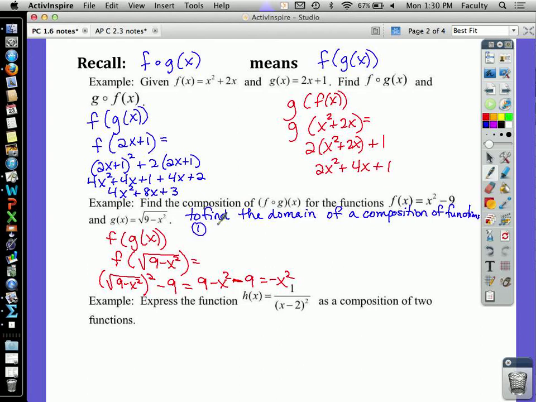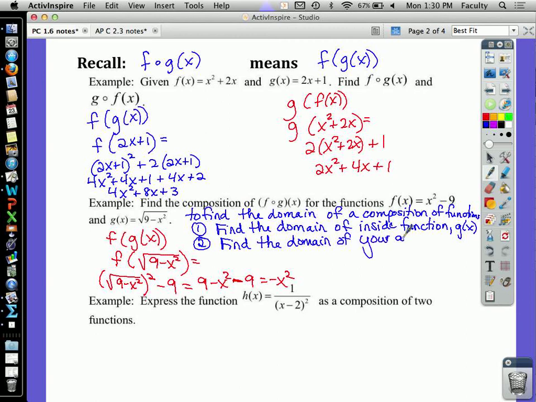Step 1, find the domain of the inside function. In this case, that was g of x. Step 2, find the domain of your answer to f of g of x.